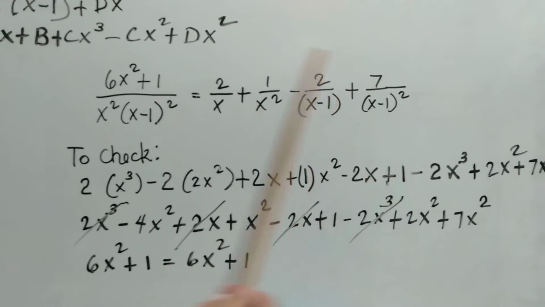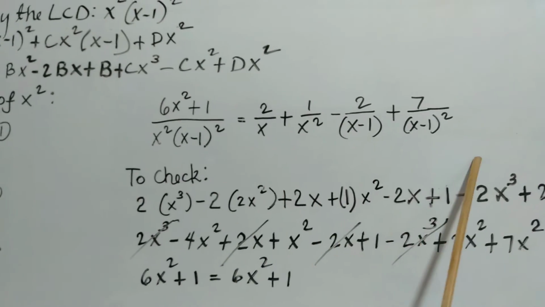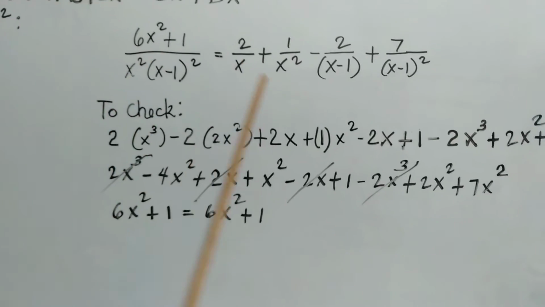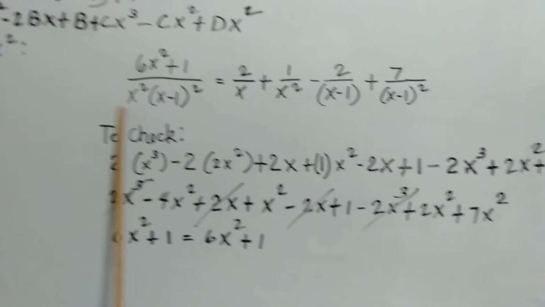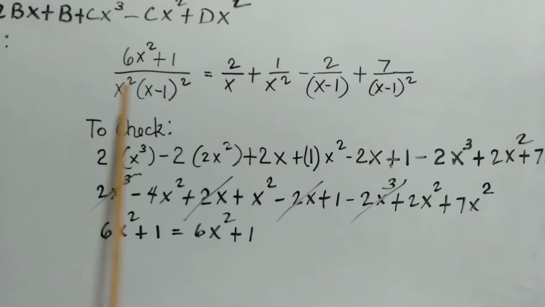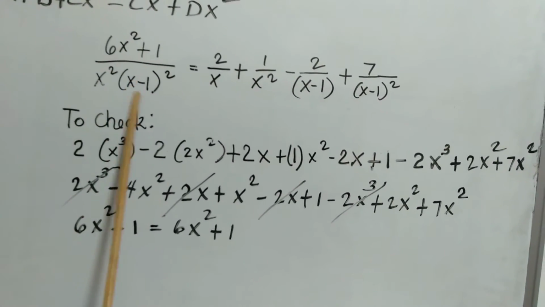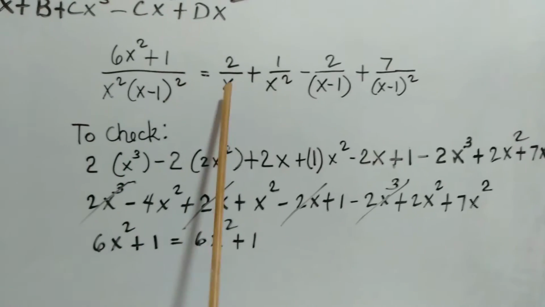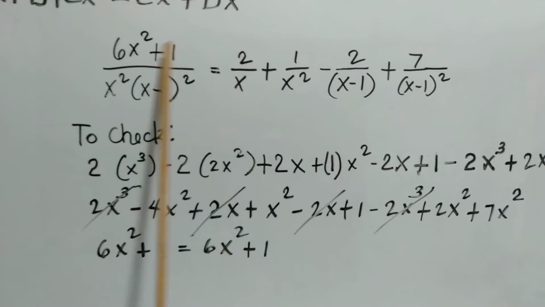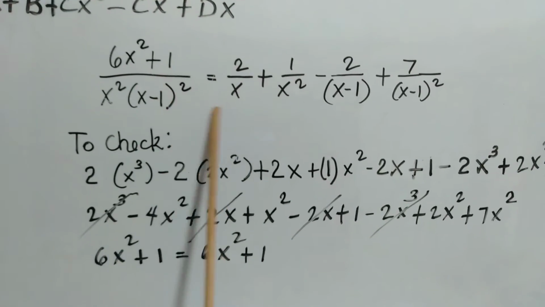Now we want to know if this final answer here is correct. So we're going to check our solution. To check this, we multiply this equation by the LCD, which is x squared times the quantity x minus 1. As you can see, we can cancel out the denominator, and if the numerators are equal, then our answer is correct.